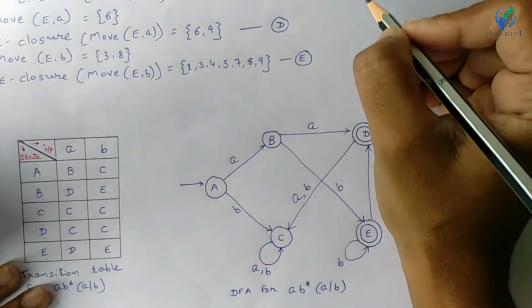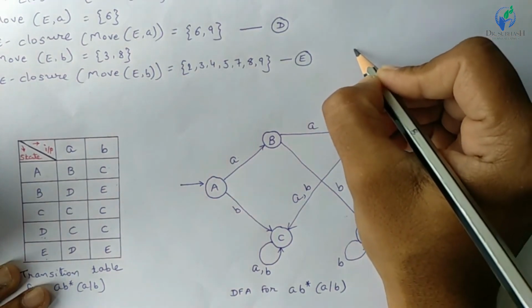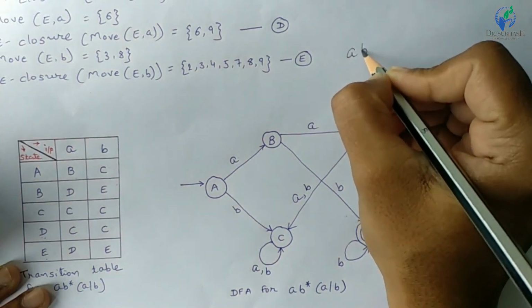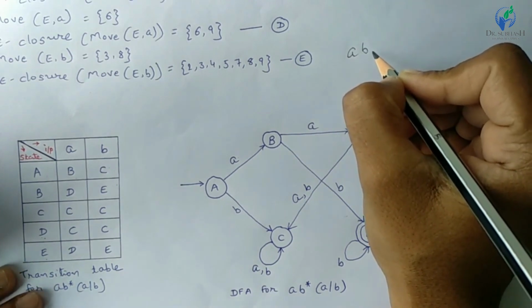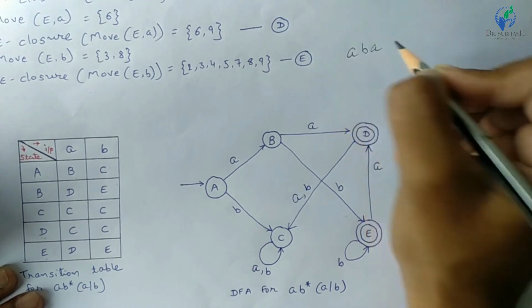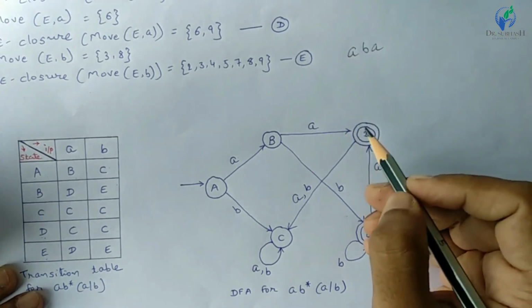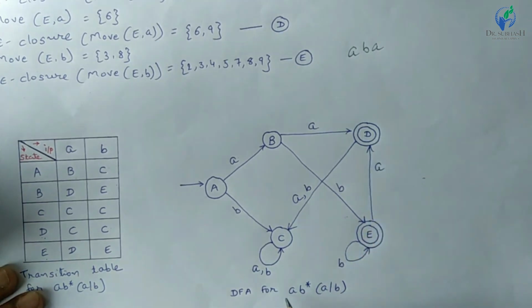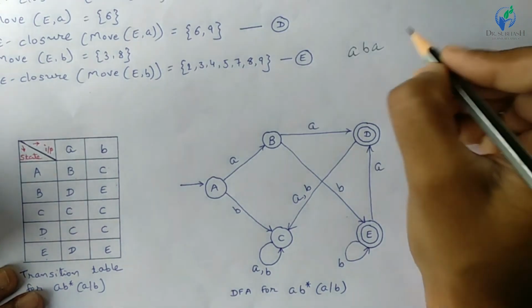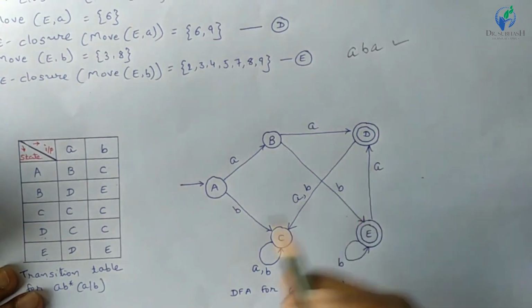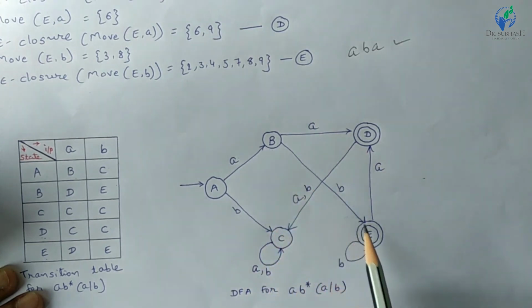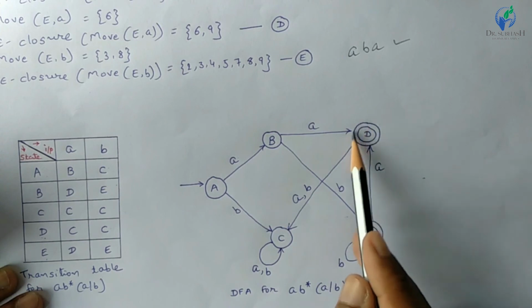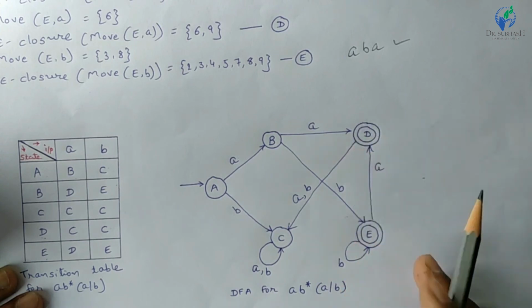For example, for this I can write any string like A, B, A. Is it valid or not? According to the DFA, there are 0 or more occurrences of B, starting with A and ending with A, which is valid and reaches a final state. So it's a valid string.